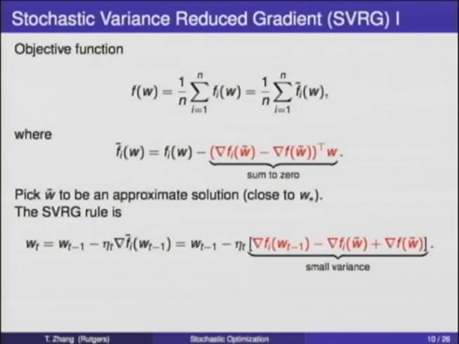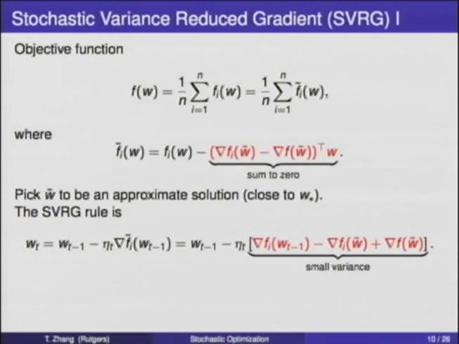But my SVRG rule looks at the stochastic gradient with this representation, so I just do SGD on it. If you expand it out in the original function, it becomes the gradient minus this term plus this term. So essentially, you just have to do a compensation.